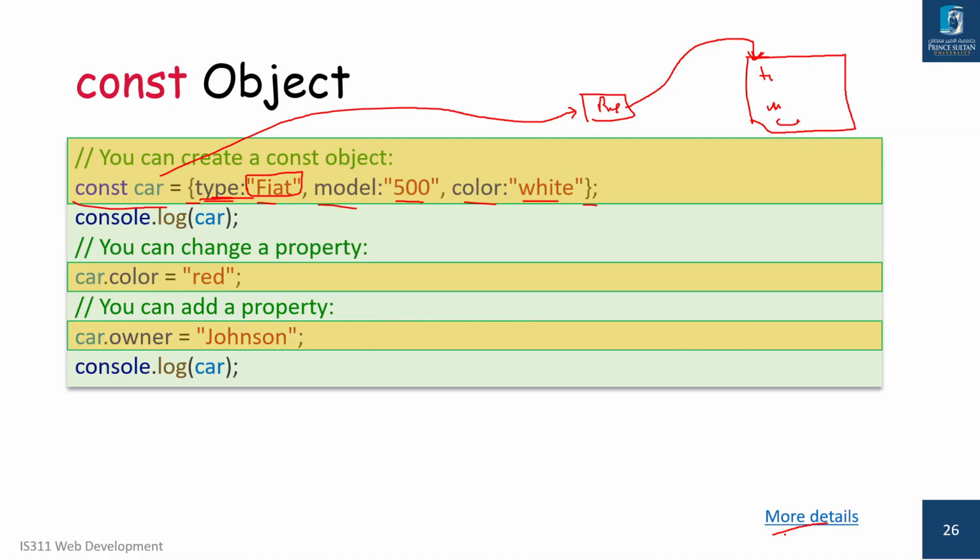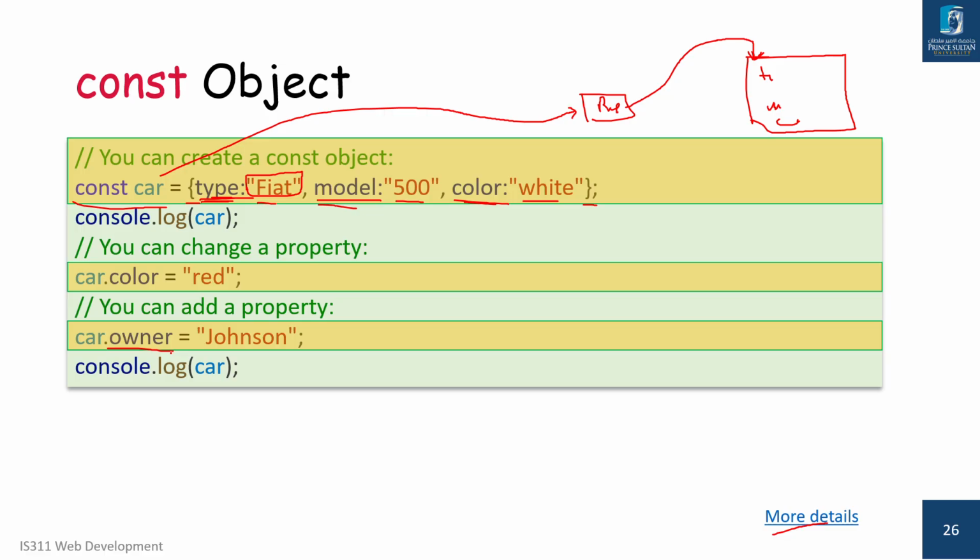Okay, so we are also changing the value. We are also adding more values inside it. We are changing the color from white to red, and then we are also adding one more thing here. We are saying car dot owner. If you look at that, we have the type variable, the model variable, or the color variable, but there does not exist an owner variable.